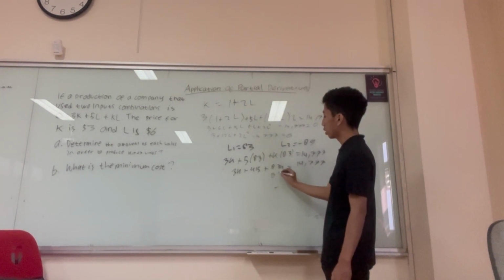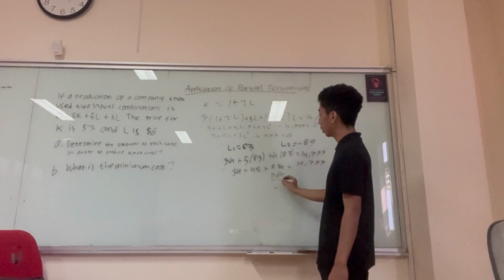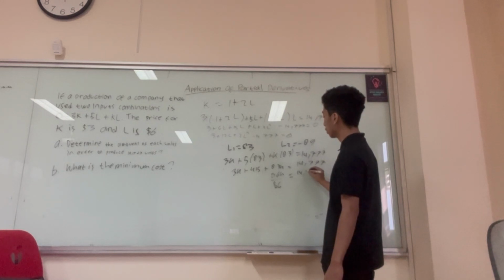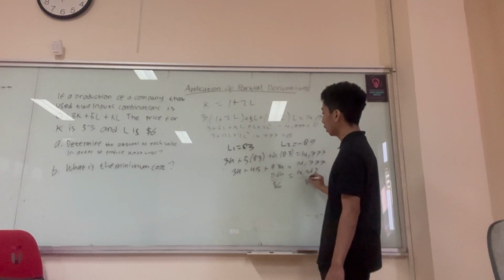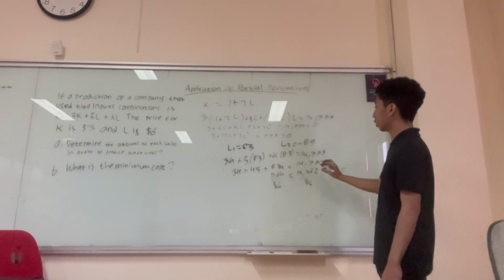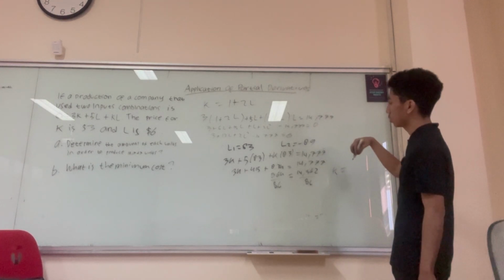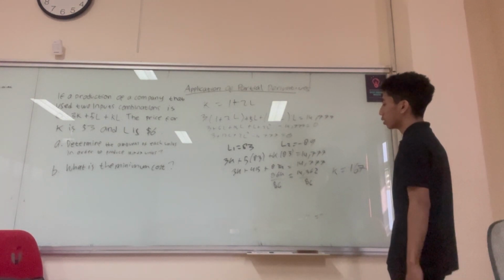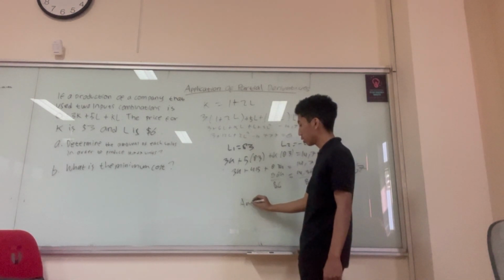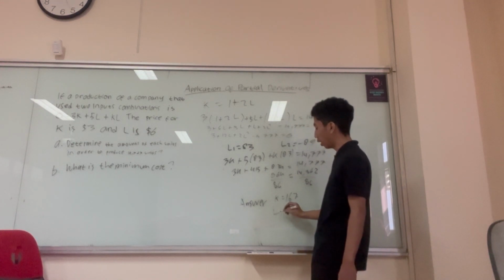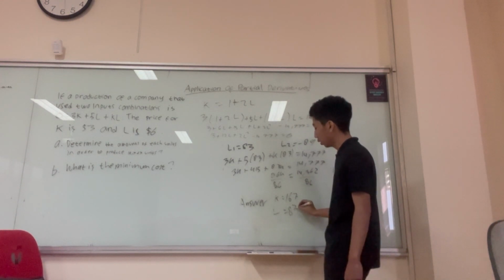So it's 86K per 86 equals 14,362 per 86. So K is 14,362 divided by 86. It's 167. So now we know that K is 167. And the L is 83.